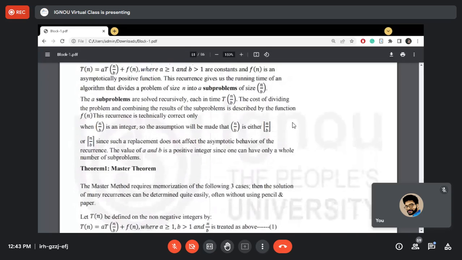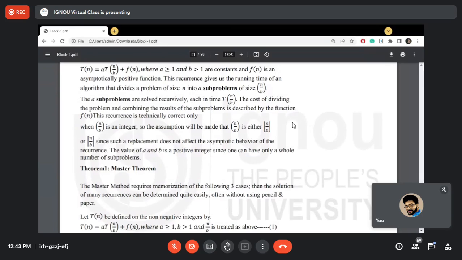So here are two things. The recurrence is technically correct only when n divided by b is an integer. Do remember this. So you have to assume that n divided by b is either a floor function or a ceiling function.